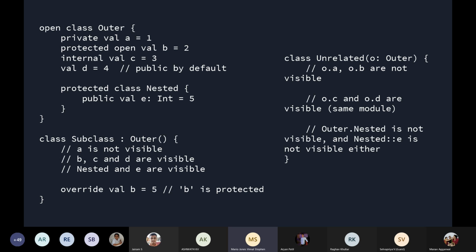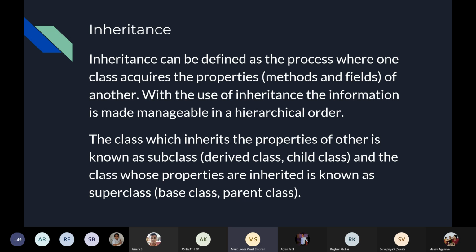You have to mention this class as open. Only then can you inherit the properties of the parent class into the child class. Only if you use the keyword open is it possible to inherit properties from that class.